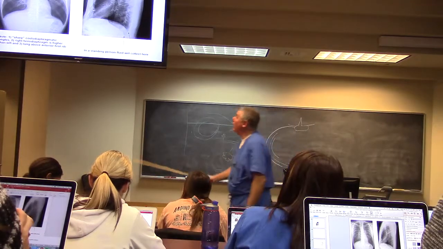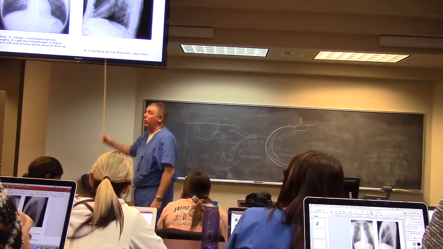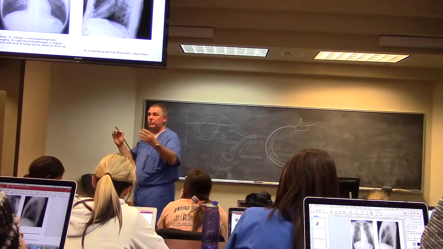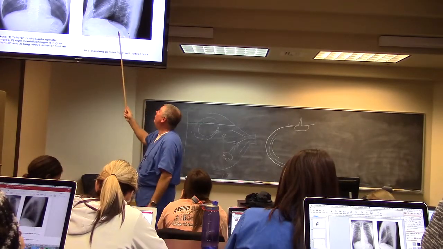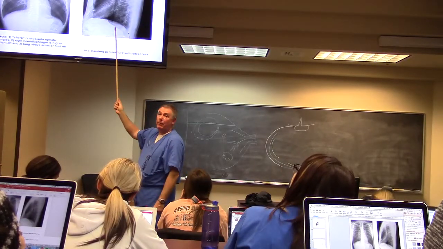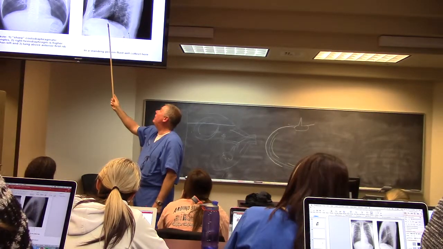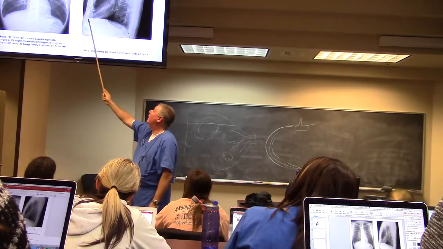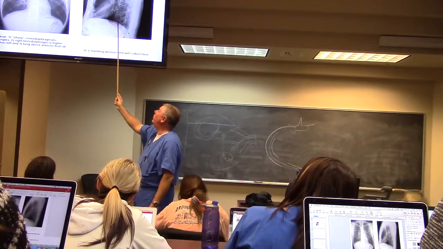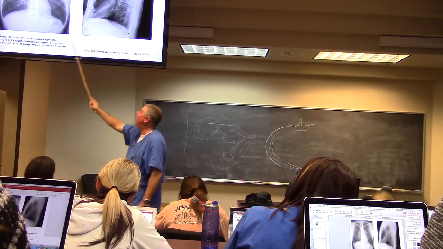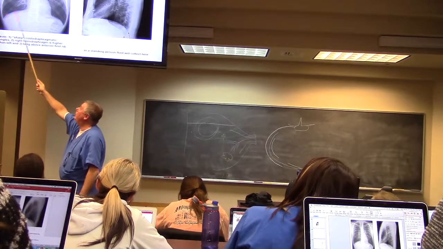Yeah. And on a lateral view here, remember you're looking at three dimensions squished into two. This would be which hemidiaphragm? That's the left hemidiaphragm. That's the right. You can see the full length of the right hemidiaphragm right there, because remember it's higher.